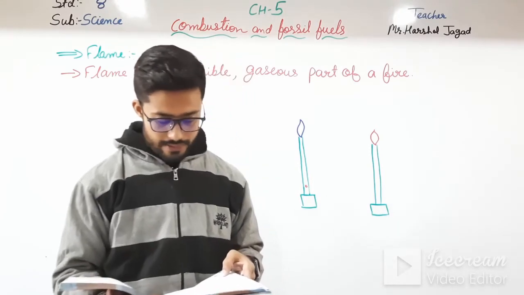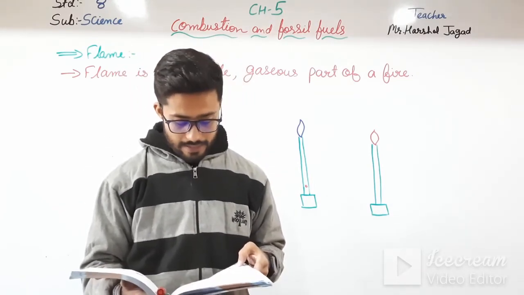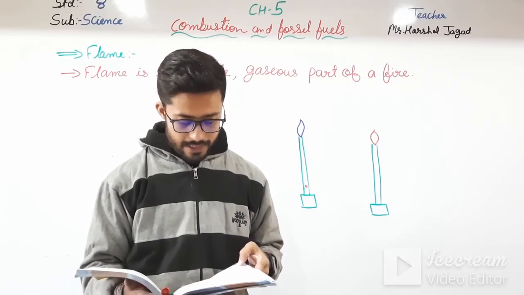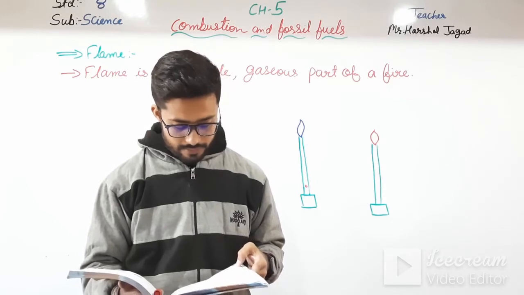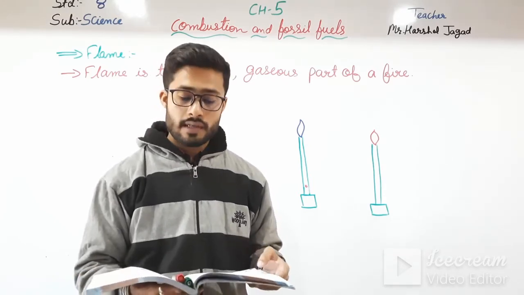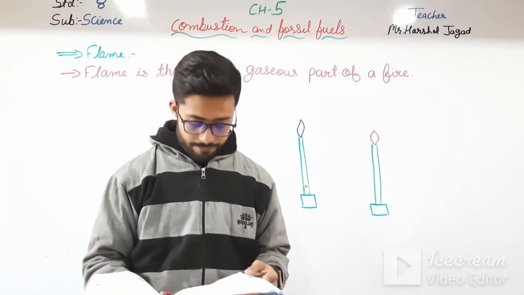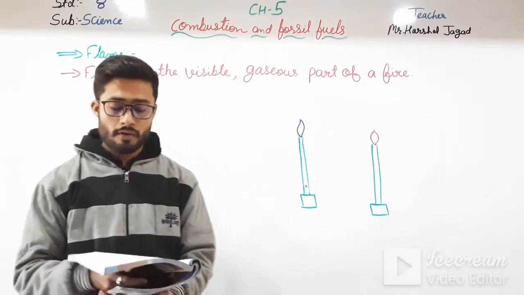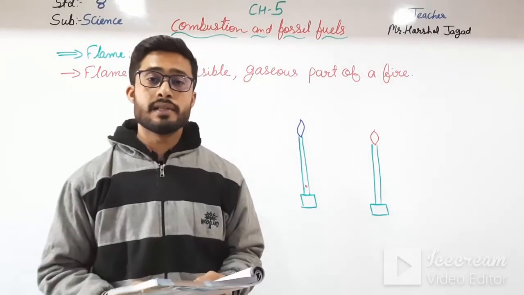Figure A, a blue flame, is called a non-luminous flame because it emits very little light. The yellow flame is also known as a luminous flame and emits a lot of light. So here there is a difference between the blue flame and the yellow flame. We will discuss that first, and in the next video we will see more about it.